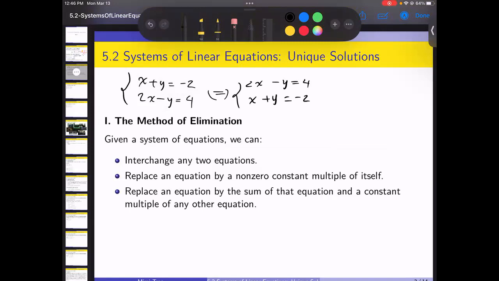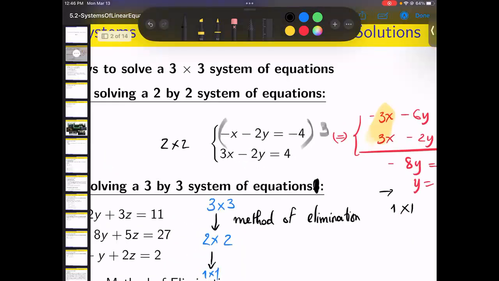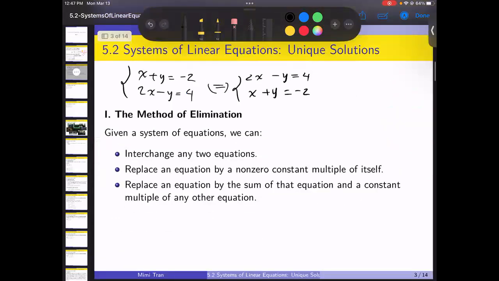You can replace an equation by a non-zero constant multiple of itself. We've been doing that a lot of times. Right there, I just multiply both sides by 3. Right? You can do that. And you can replace an equation by a sum of that equation and a constant multiple of any other equation.